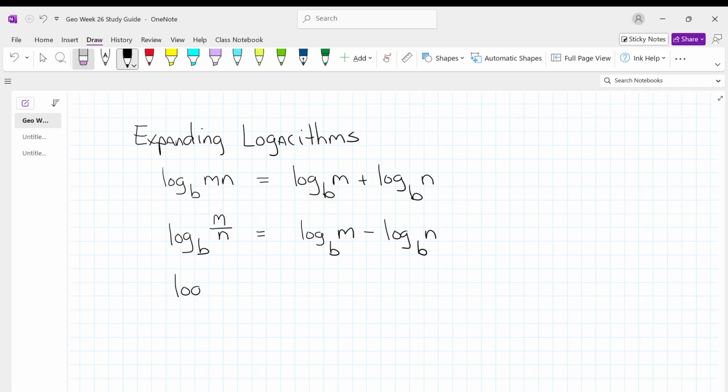And log b of m to the nth power, when you expand it, it is n times log b of m. So what you did yesterday, except you're doing it backwards, okay?